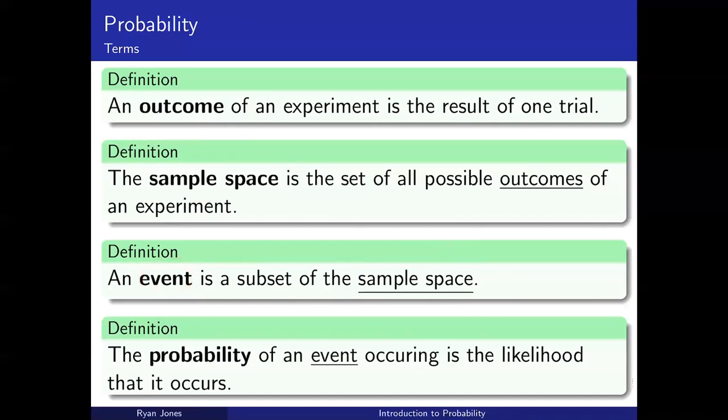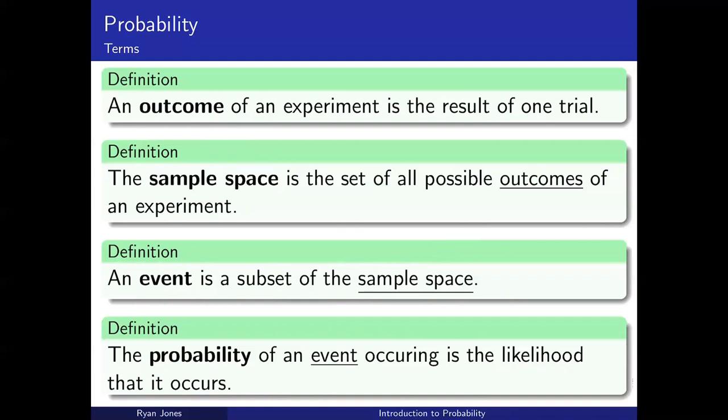And then when we talk about an event, let's use this example of rolling an even number. We might ask, what's the probability of that event happening? What's the chance that I roll an even number? That's just how likely it is to occur. With a six-sided die, there's six choices, one, two, three, four, five, and six.